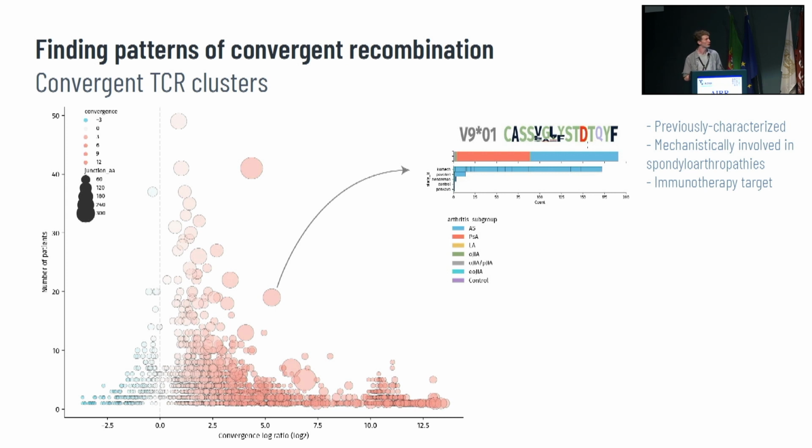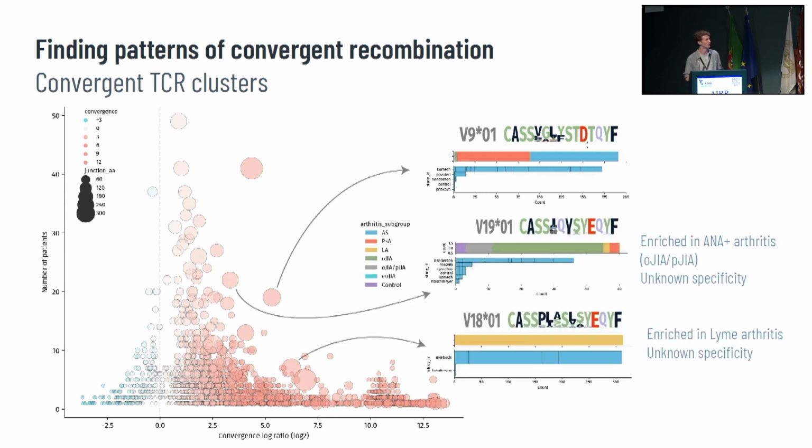But there are also other TCRs in there. For example, this one is shared across different patients and different studies, but most of these patients have OGA or OGA-PAGA, so they are enriched in ANA-positive arthritis patients. Then we decided, okay, we're looking at these convergent clusters, so let's now look at the clusters that are differentially abundant in a specific arthritis subtype.